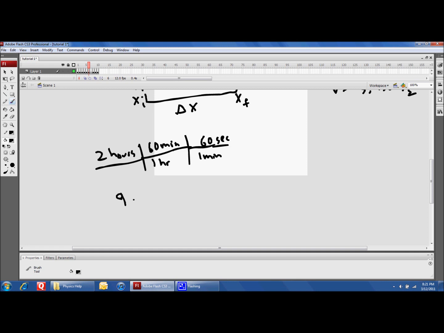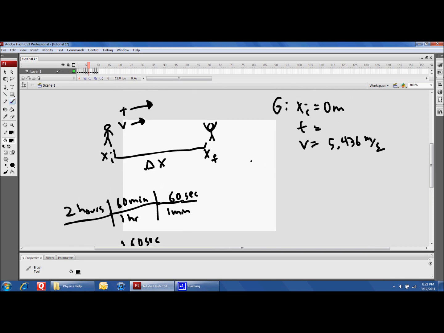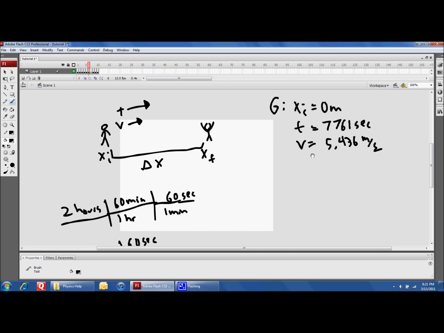So you've got 9 minutes, and once again, for every 1 minute there are 60 seconds. So you're going to multiply those together, add them together, and add them to the seconds. So the actual time that he spent was 7,761 seconds, if I did my math right. Yes, that should be correct.